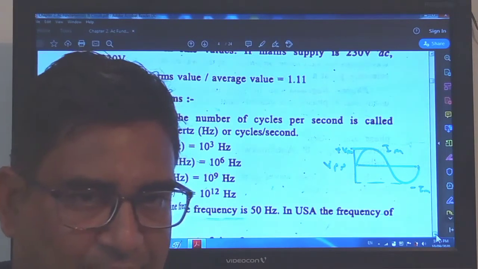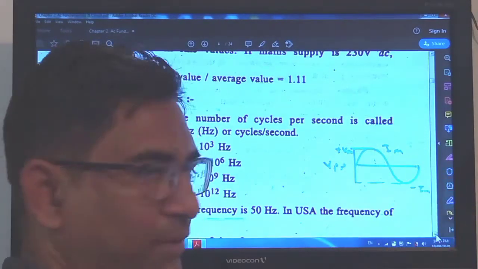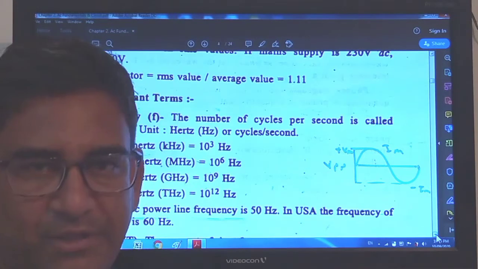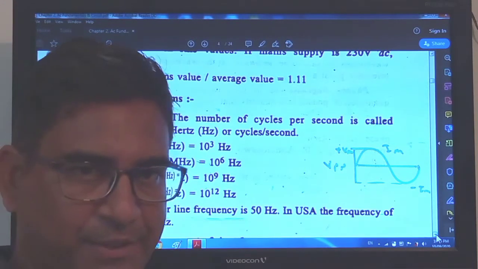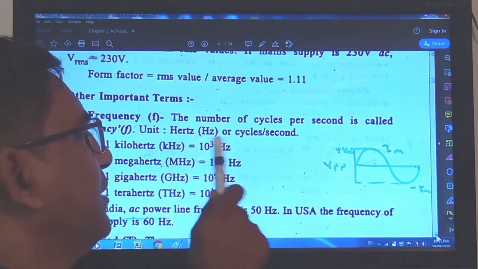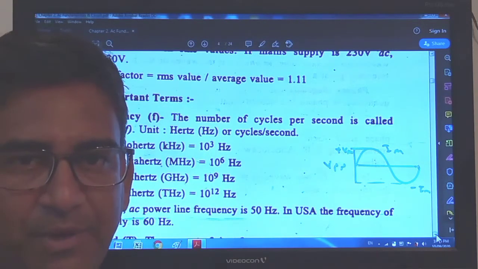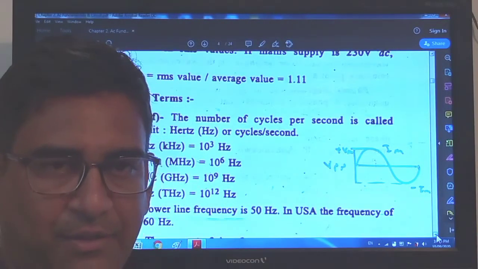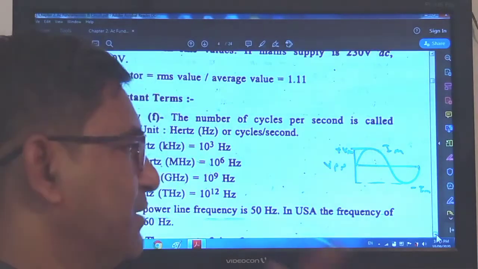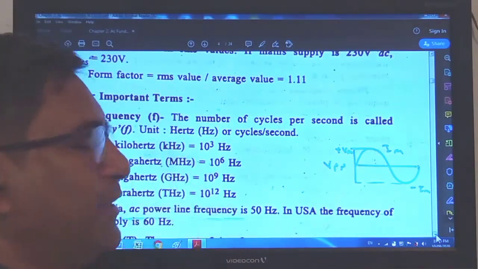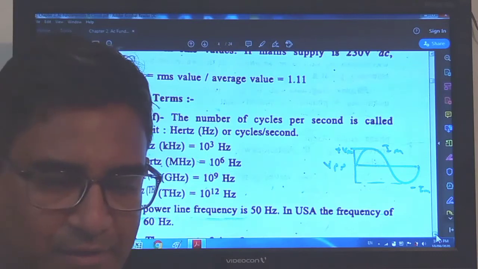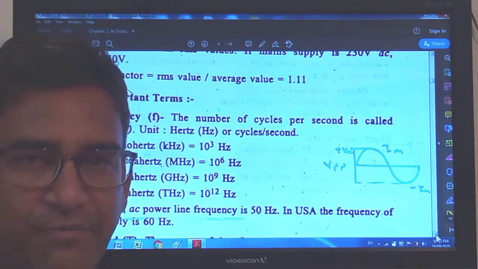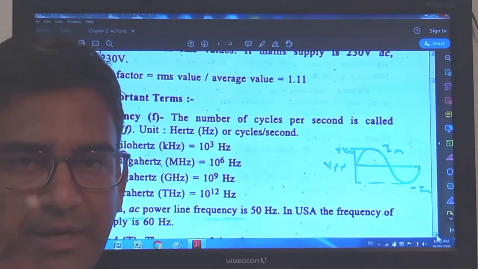The important definition is frequency. This wave indicates the frequency. The frequency is nothing but the number of cycles per second. The unit for frequency is hertz, or you may say cycle per second. 1 kilohertz, that is 1 kHz, is 10 to the power 3 hertz. 1 megahertz is 10 to the power 6 hertz. 1 gigahertz is 10 to the power 9 hertz.